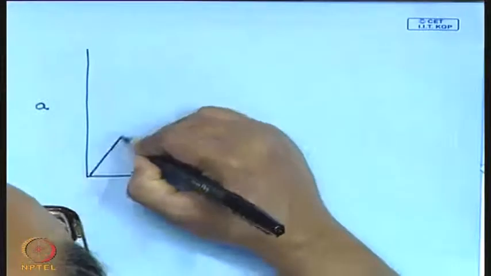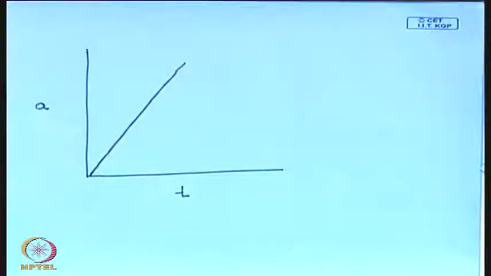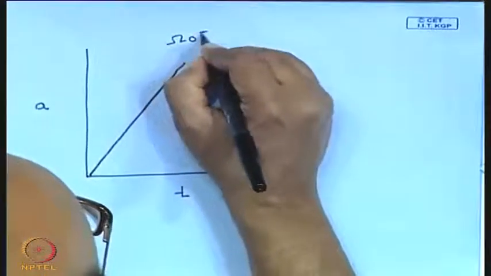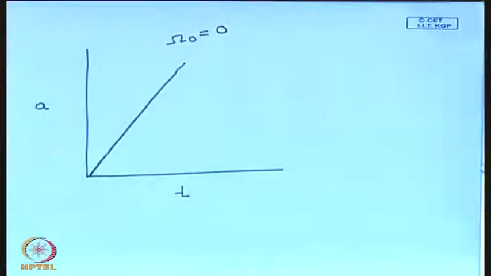So the universe expands like this, that is omega naught equal to 0. And then we worked out another model where omega naught is equal to 1, and we saw that the scale factor grows as t to the power 2/3.